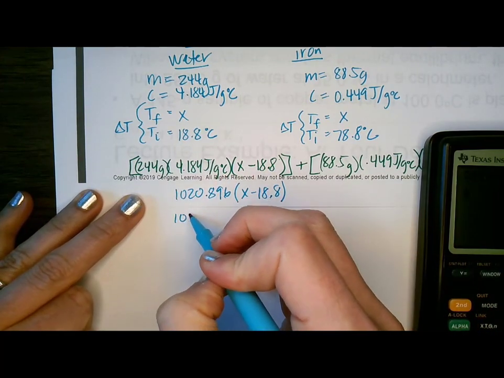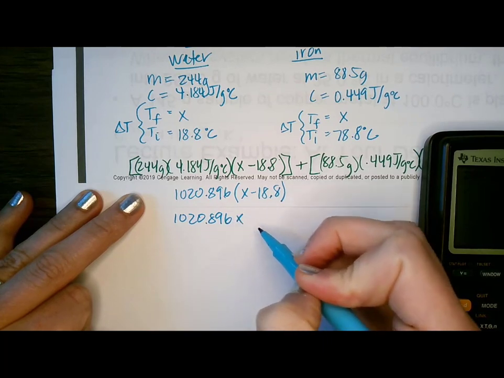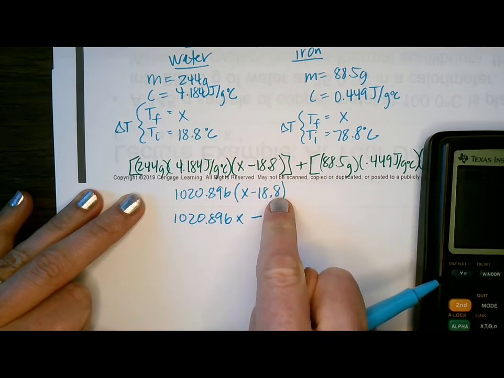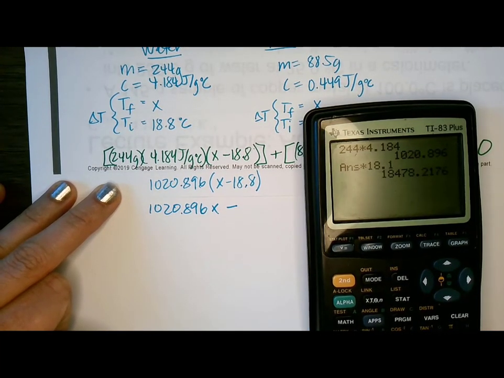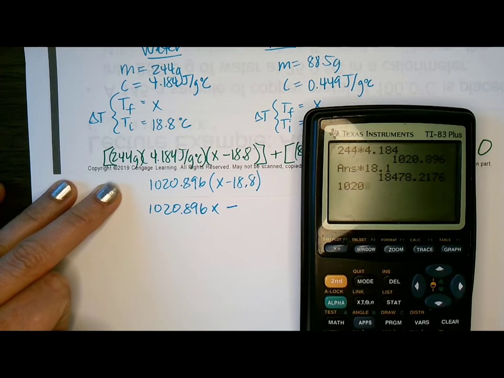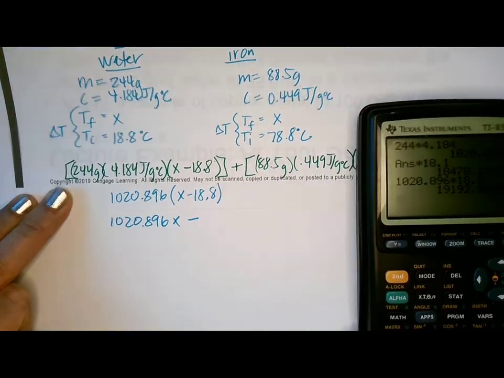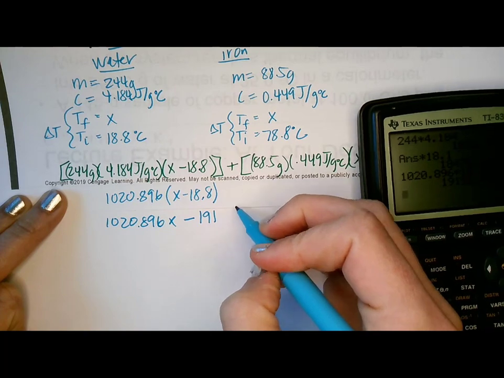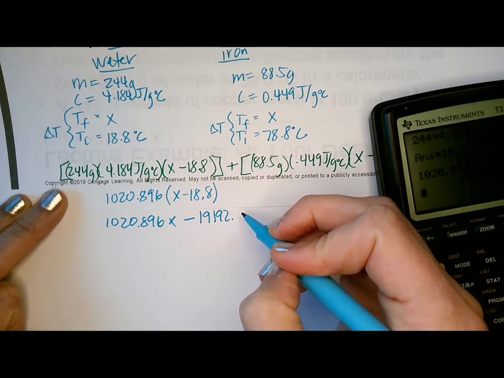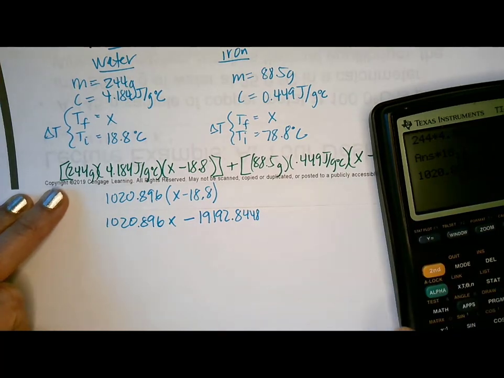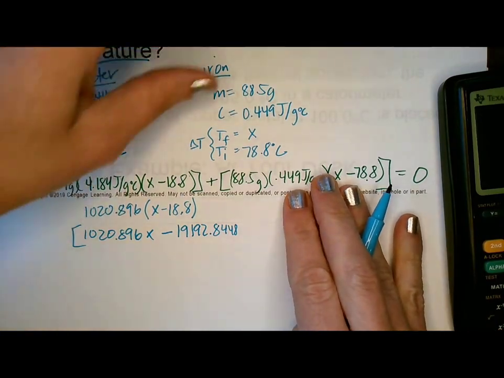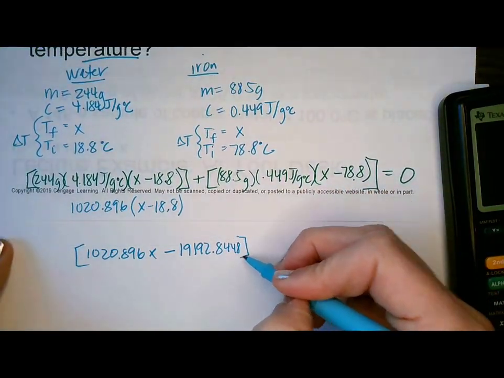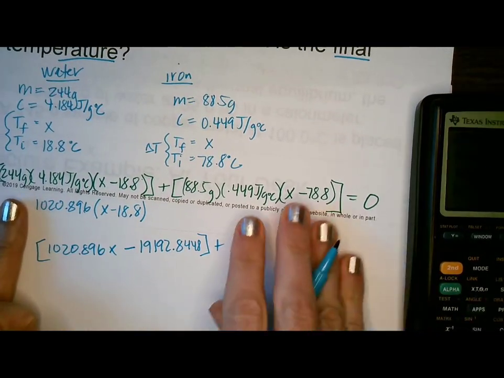That would give me 1020.896x minus 1020.896 times 18.8. That is 19192.8448. I'm not going to round until the very end. This is my water. Plus, let's simplify on the right side.